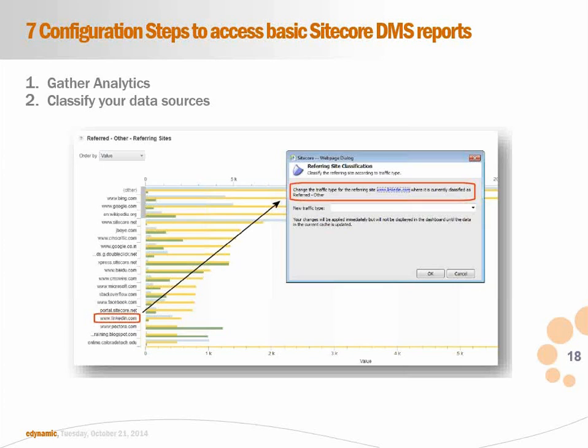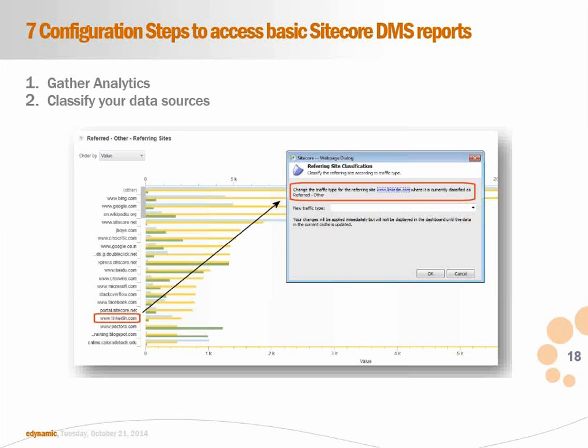So the first step is gather analytics. It's a small step, but we have to be a bit careful with the default databases. Sitecore DMS is not configured by default when we configure Sitecore for building the website.